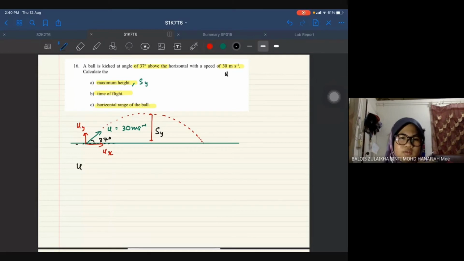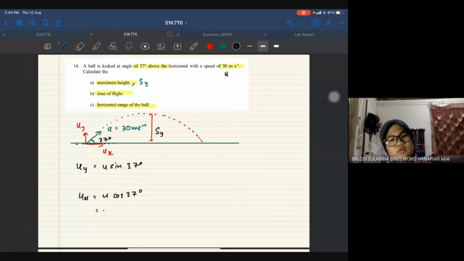So your UY is equals to U cos ke sin? Sin. Okay, sin 37 degrees. Okay. Kalau UX, U cos 37 degrees.